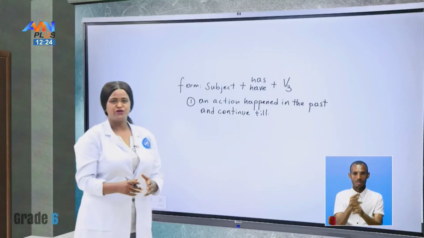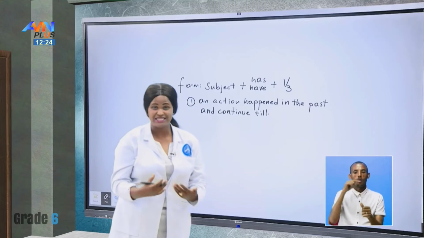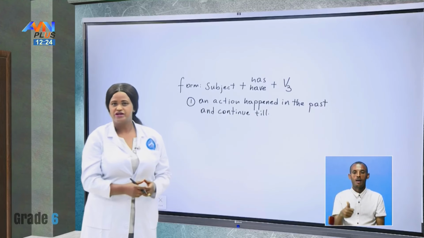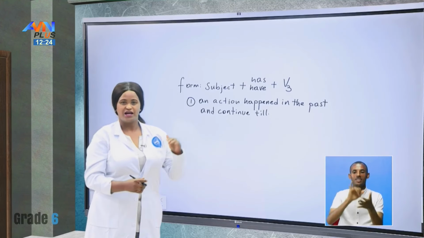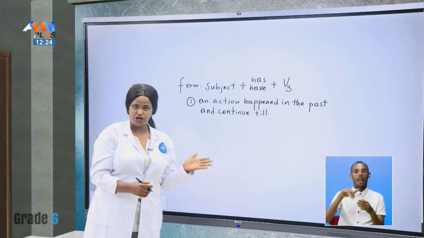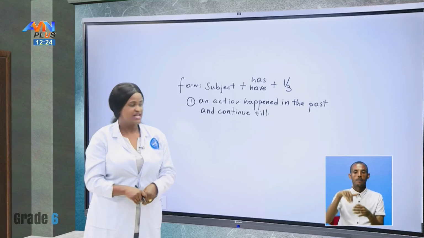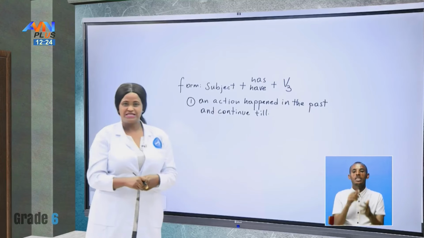For example, if you remember, I told you about myself. I said, I have lived in Addis Ababa for 3 years. That means I started living in Addis Ababa 3 years ago, and still now I am living in Addis Ababa, right? And the second purpose is what?